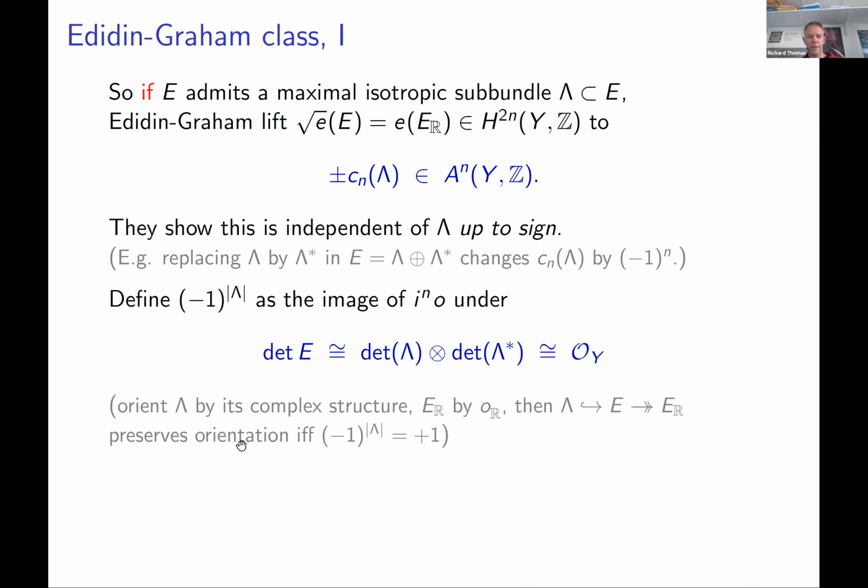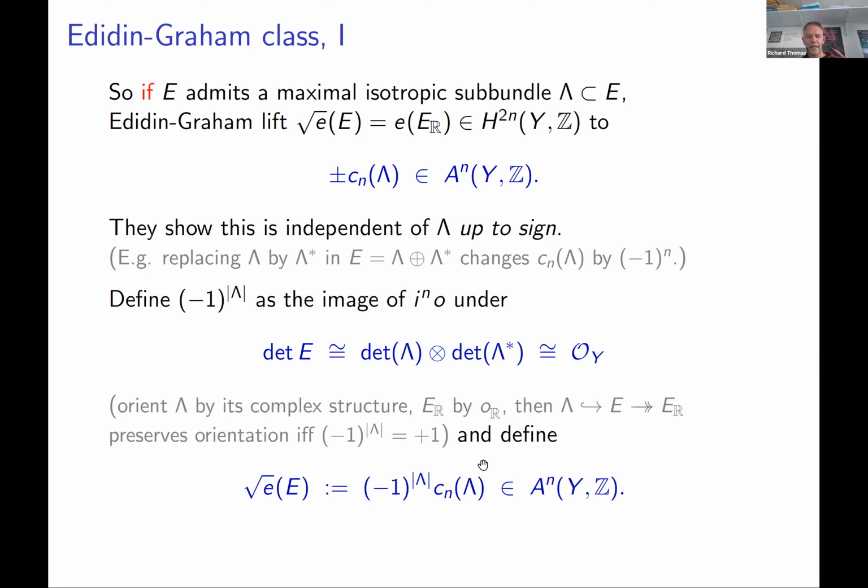So there we go. That's that statement there. But as usual, we can do it all within algebraic geometry if we want. So this is the definition of the sign. I associate a plus or minus 1 to each maximal isotropic. I call it positive or negative according to this definition. It just happens that it has this interpretation in real geometry.